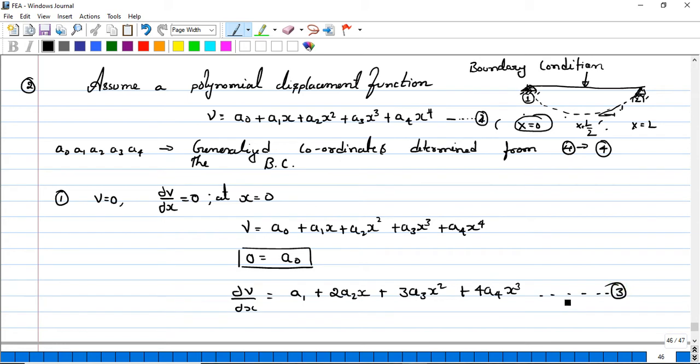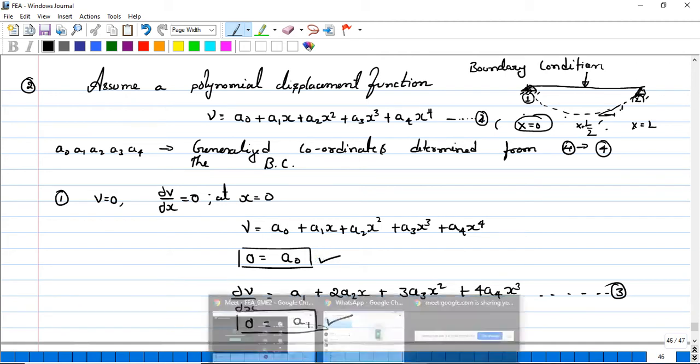Now when I substitute all the values, the derivative of v with respect to x will be 0. A naught is already taken out, so remaining is a1 and x is 0. So I found that a1 is also equal to 0. So at node 1 these are the two identifications. I hope these two are clear. Any doubts? Please answer me. Any doubts?